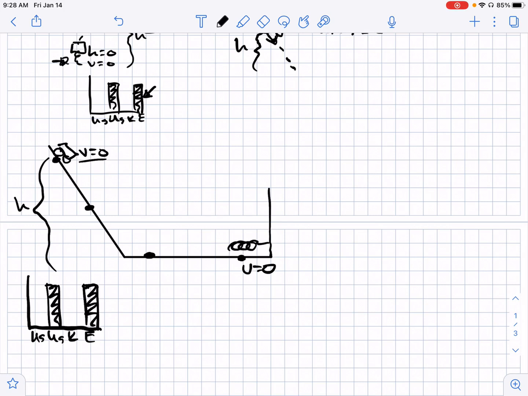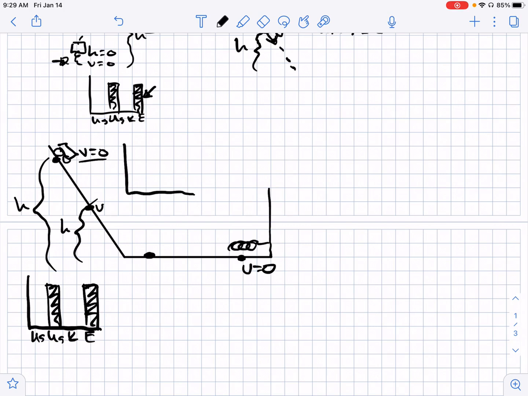Now let's look halfway down. Halfway down, your height has gotten smaller. It's moving now, so you do have a velocity. Still no spring. So the two types of energy you have are gravitational potential and kinetic.